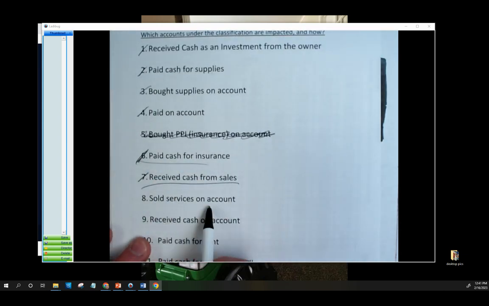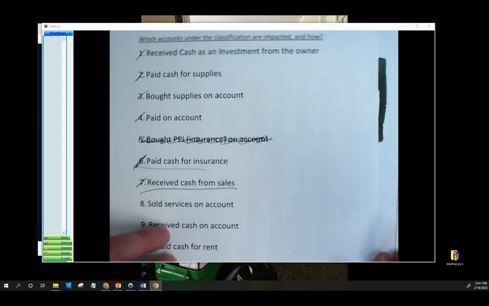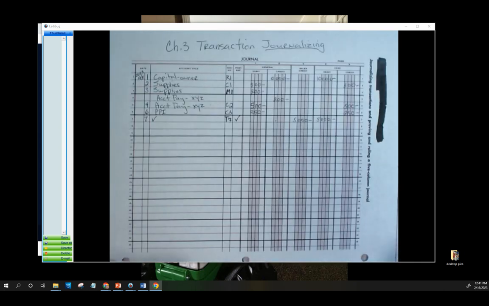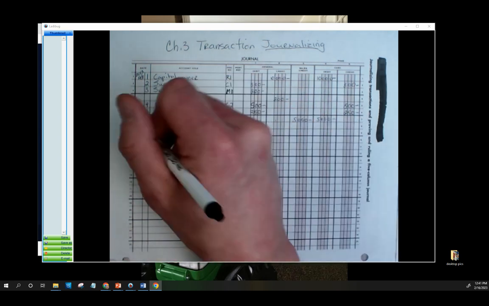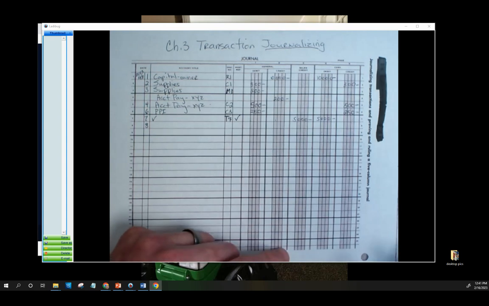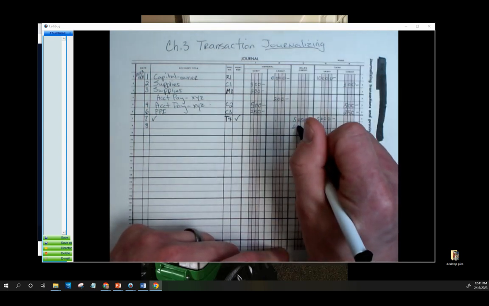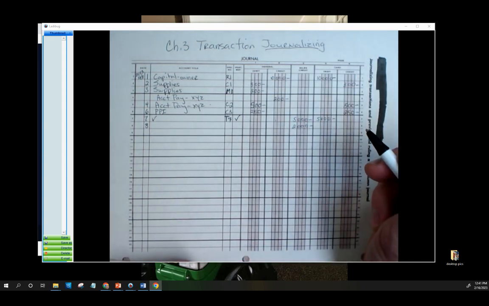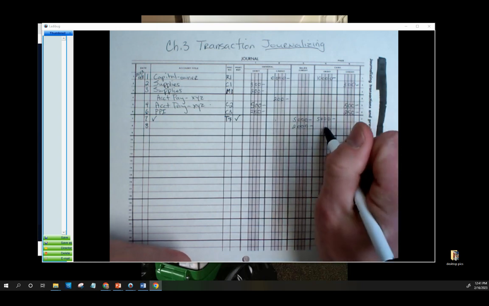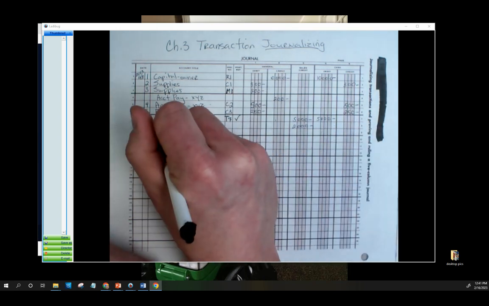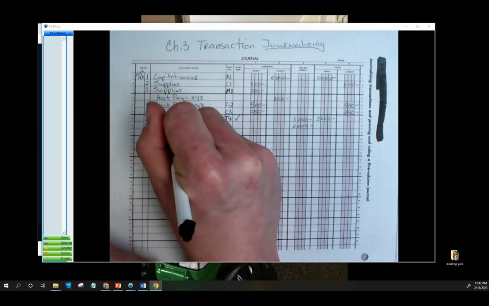All right, coming back here, receive cash from sales. All right, sold services on account. This is the other way to make a sale, to get money later for it and sell on account. Let's say we sold another $2,000 of sales. It's done on the 8th of the month. Sales is going to go up $2,000. We made a sale, making owner's equity go up. We did not receive cash yet. Somebody bought it on account. So we're going to say accounts receivable.